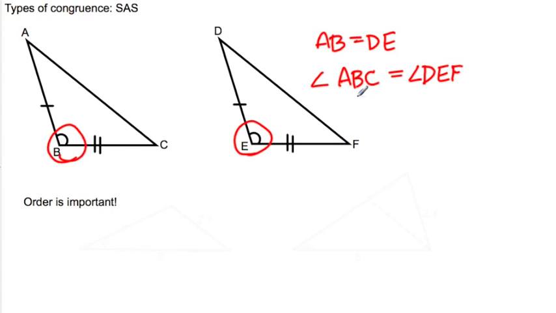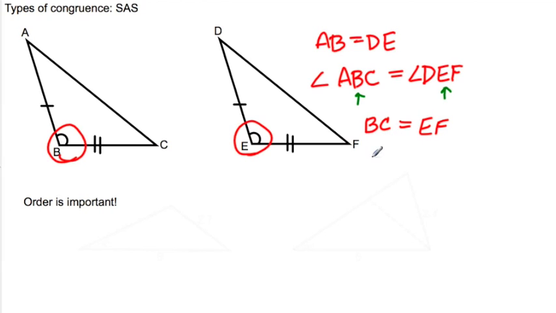Notice that the middle point shows the vertex of the angle I'm referring to. And then one more side, BC is equal to EF.